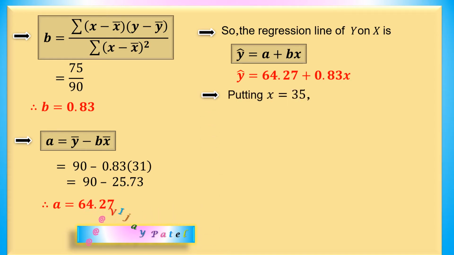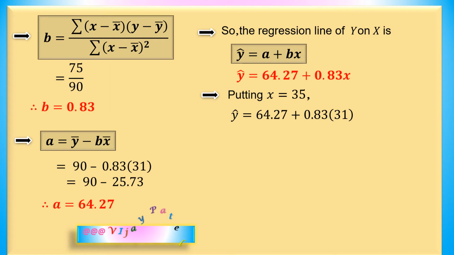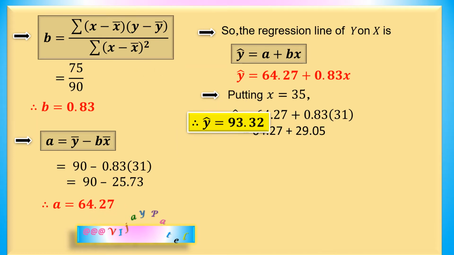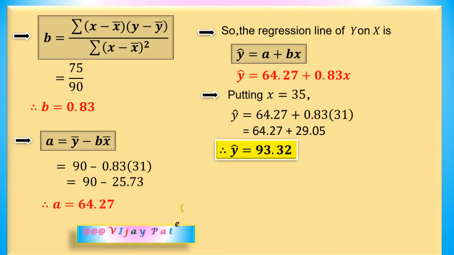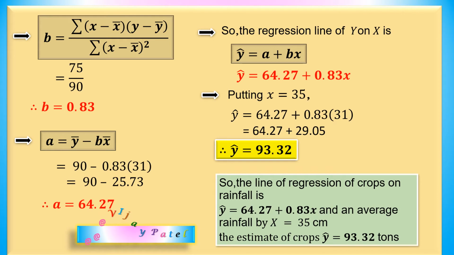Now by putting value of x is equal to 35, we'll get y cap is equal to 64.27 plus 0.83 into 35. So 64.27 plus 29.05, which is equal to 93.32. So y cap is equal to 93.32.